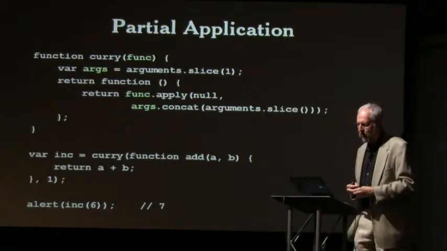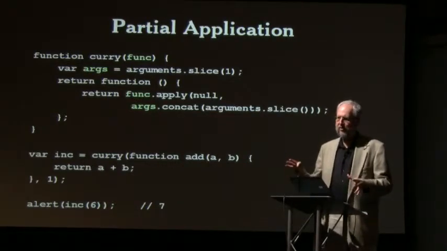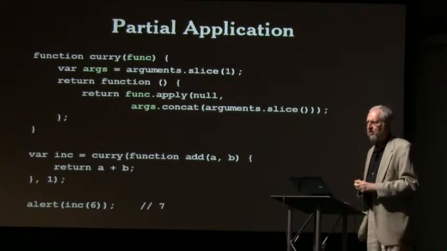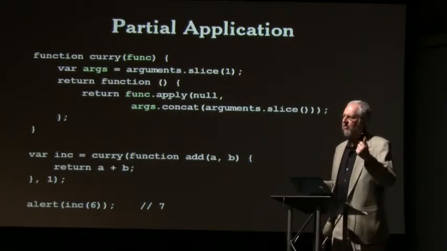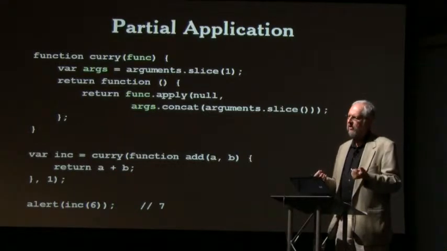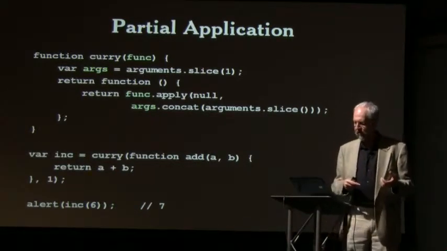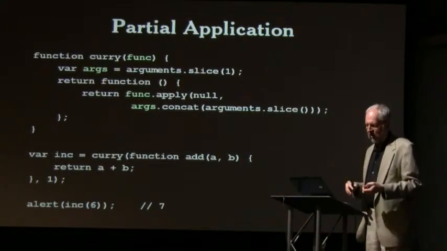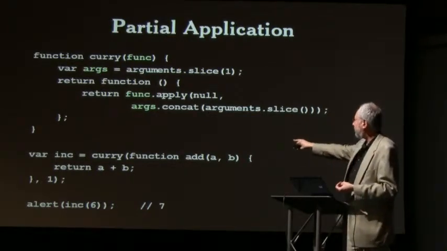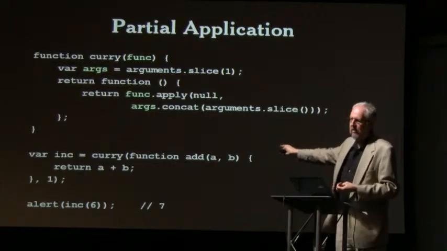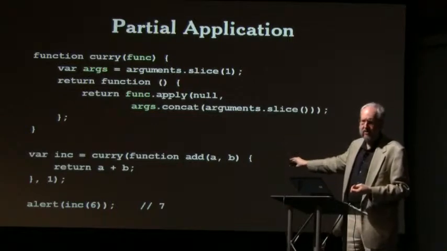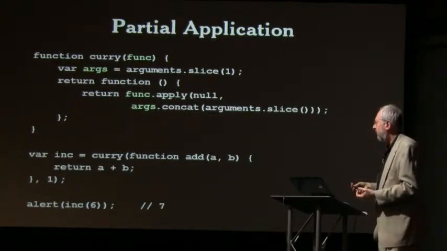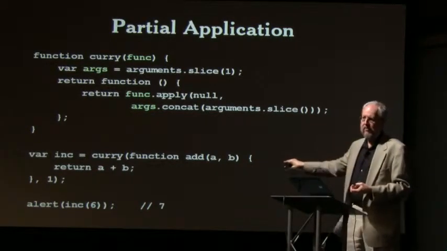Another example, partial application. We're starting to get a little theoretical now. Partial application says I'll take a function and a parameter and return another function which doesn't execute that yet, but will when it's supplied with additional parameters. So let's start with the example first. Using a function called curry, I'm going to pass it an add function, which takes 2 arguments and adds them together, and I'm going to pass it 1.